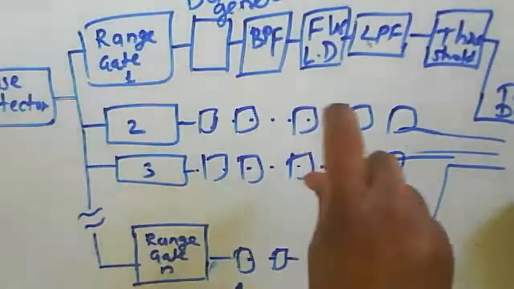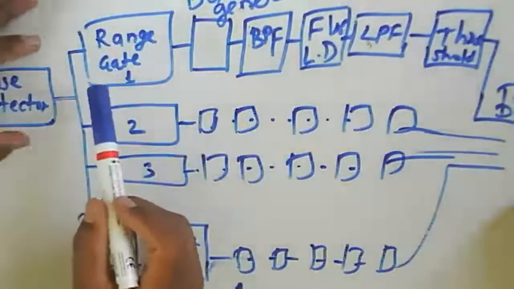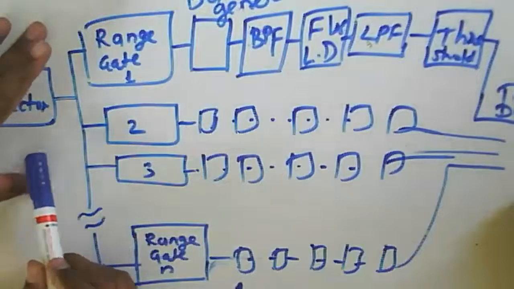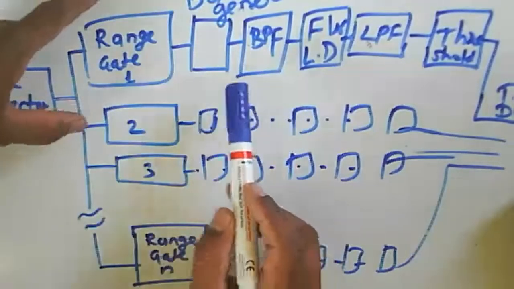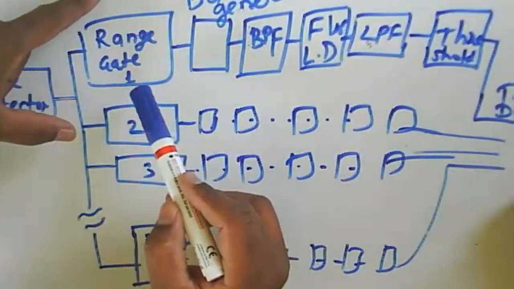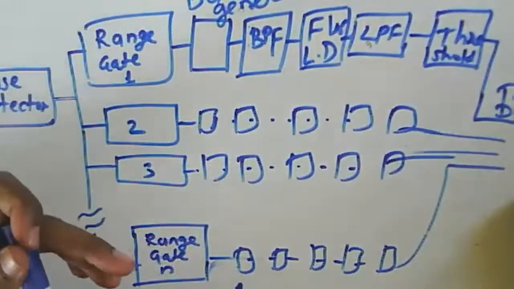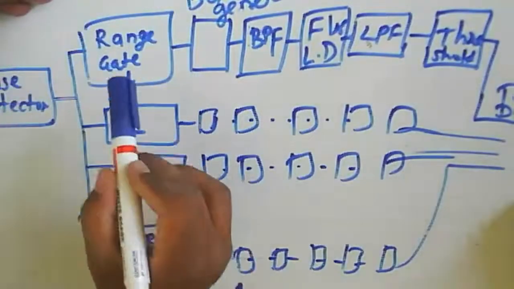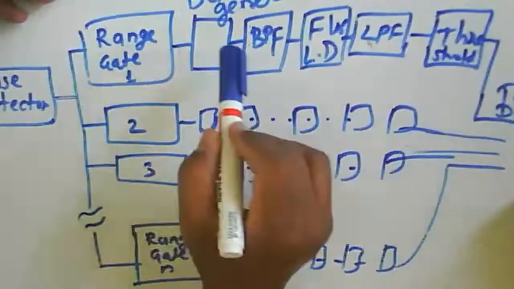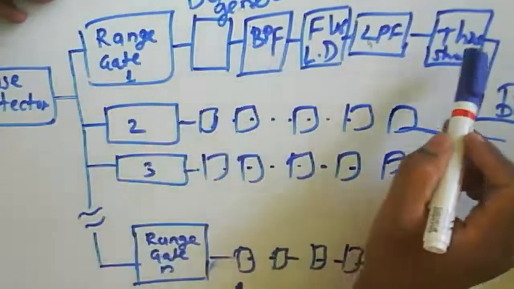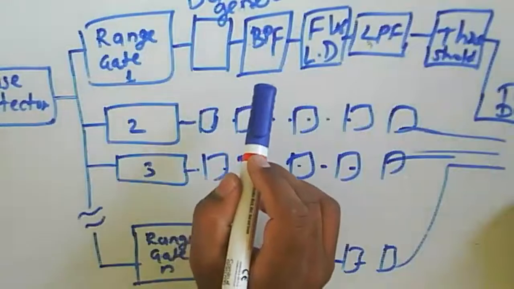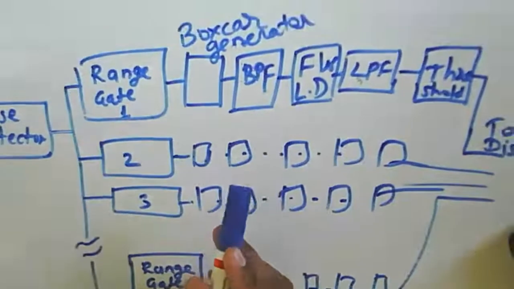In all these cases, after the phase detector we use this range gate because we convert that signal into small intervals. All these blocks are used to get the information about the range.